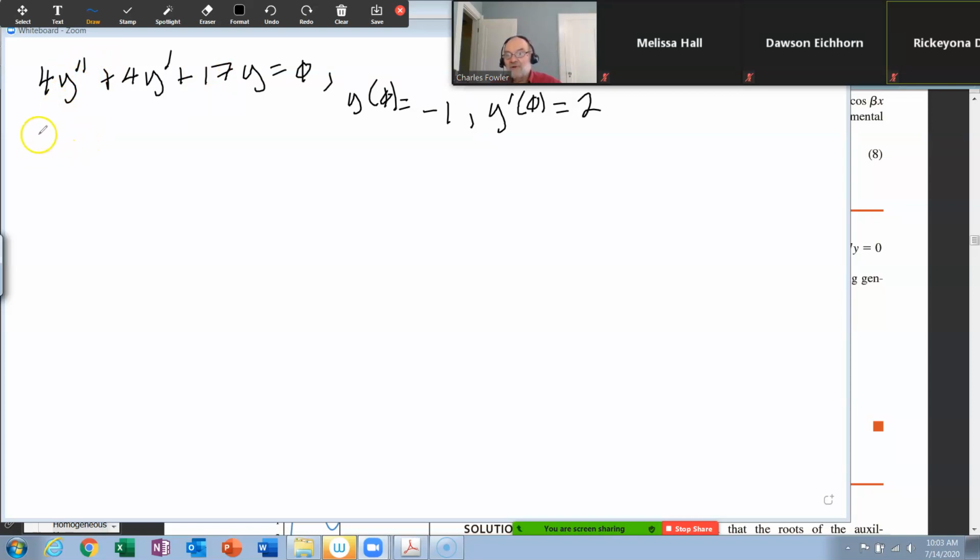So our assumption with constant coefficients, that's required, constant coefficients, is let y equal e to the mx. That's always it when you have a constant coefficient, linear, homogeneous, first or second or higher order differential equation. Okay, now that gives you your auxiliary equation. Anyone want to tell me what it is?